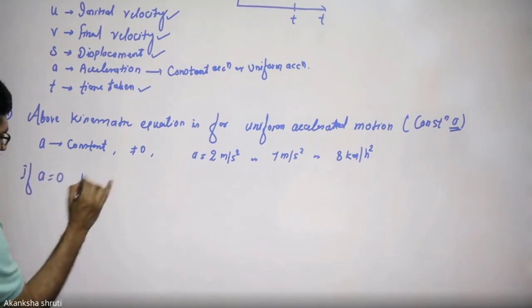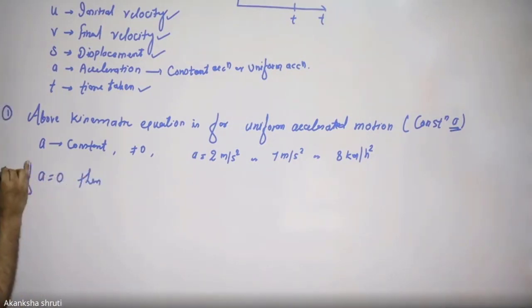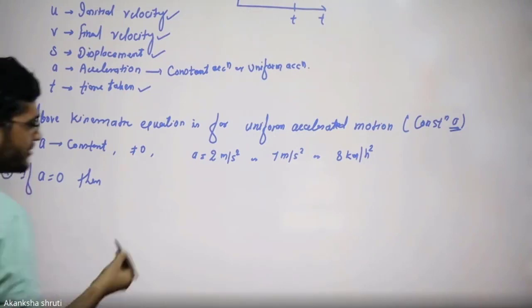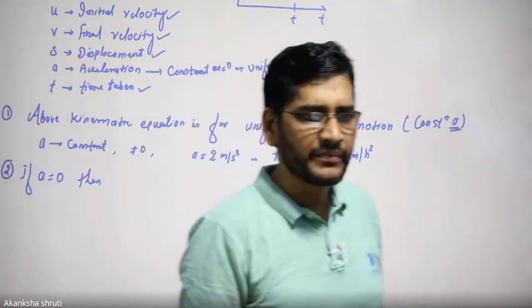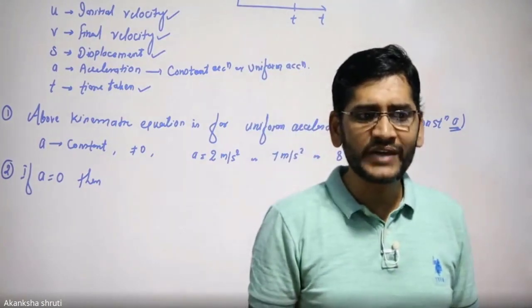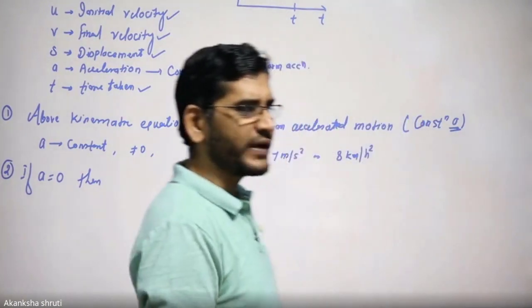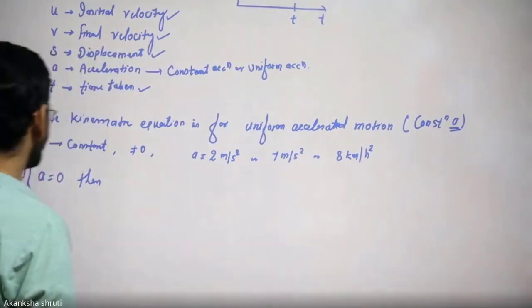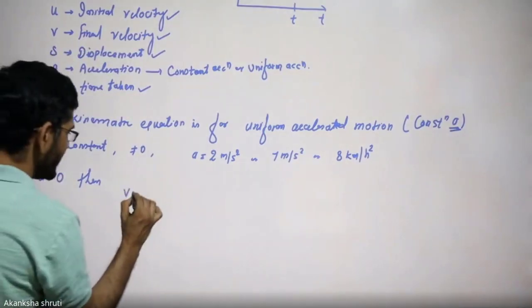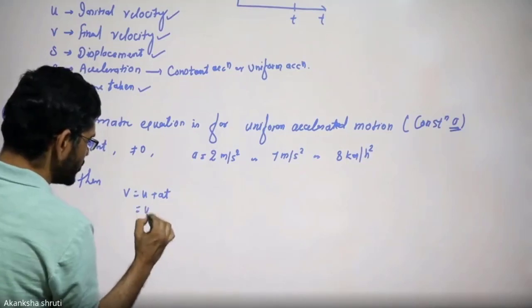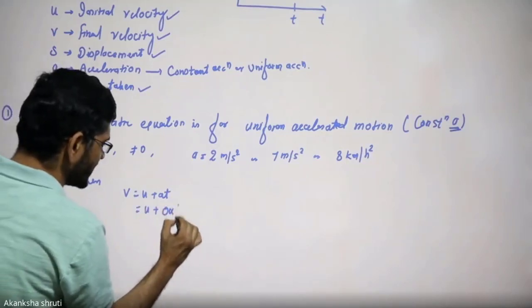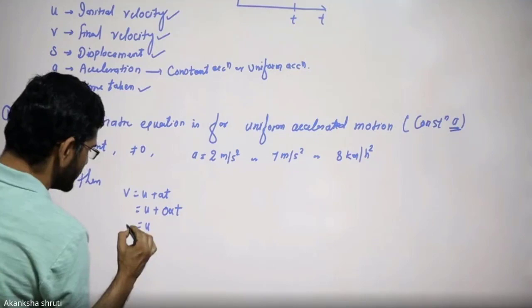Now keep in mind, write this as point number 2: if it is stated that a equals 0, how is the motion described, and what do the formulas become? Students, just substitute a equals 0 in our kinematic equations. v equals u plus at means u plus 0 into t, which is nothing but u.